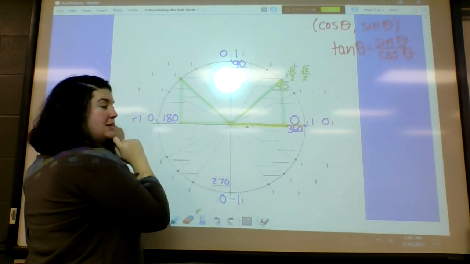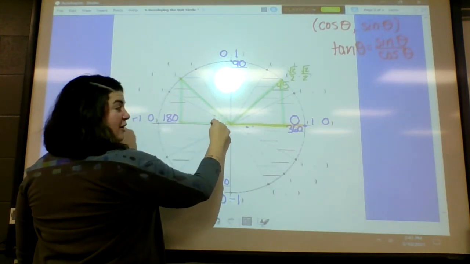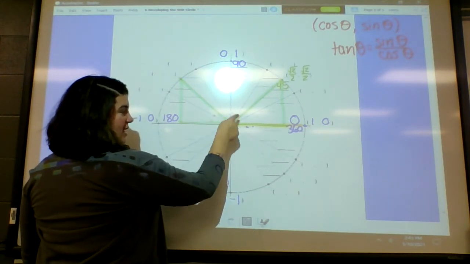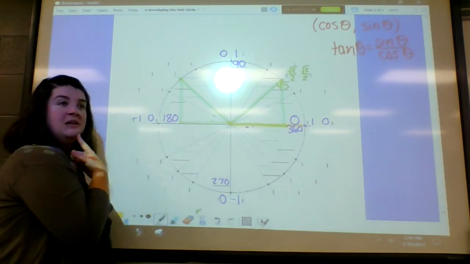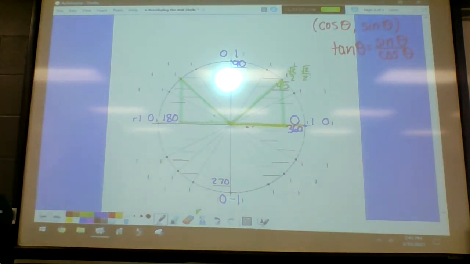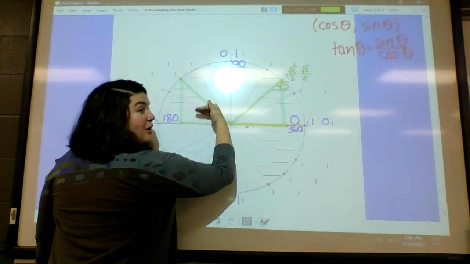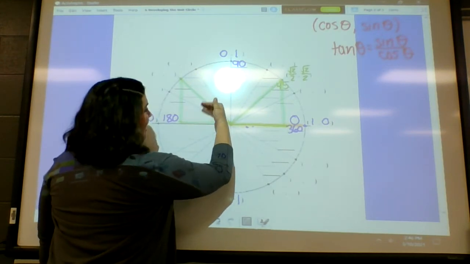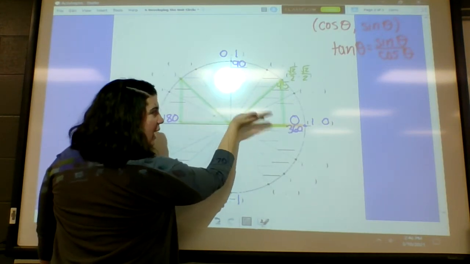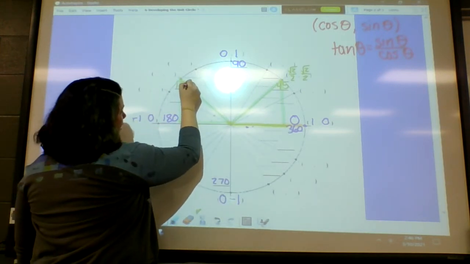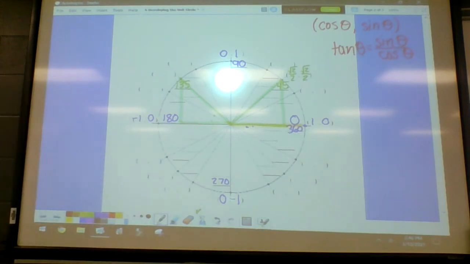We know this one's 45, we need this, and we know the whole thing technically, right? It'll be 180 minus 45. So 180 gets you to here. Go back 45 because it's a 45 triangle, and that gets you to this angle measure. 180 minus 45 is 135.